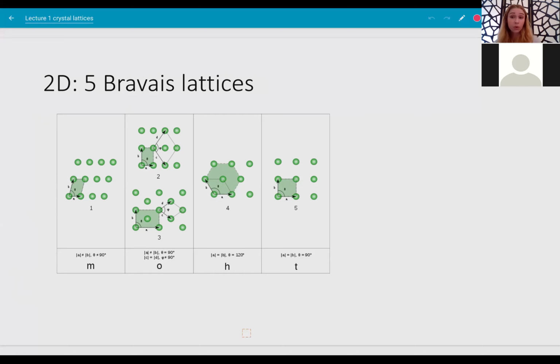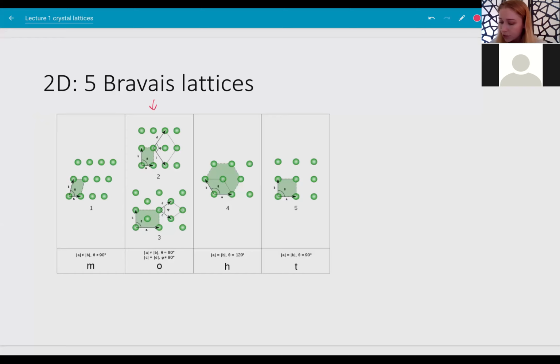The O stands for orthorhombic, and they can also be called rectangular. There are two types of rectangular lattices. One is what you would usually think of as a rectangular lattice, with a 90-degree angle, but the two translation vectors do not have the same length.